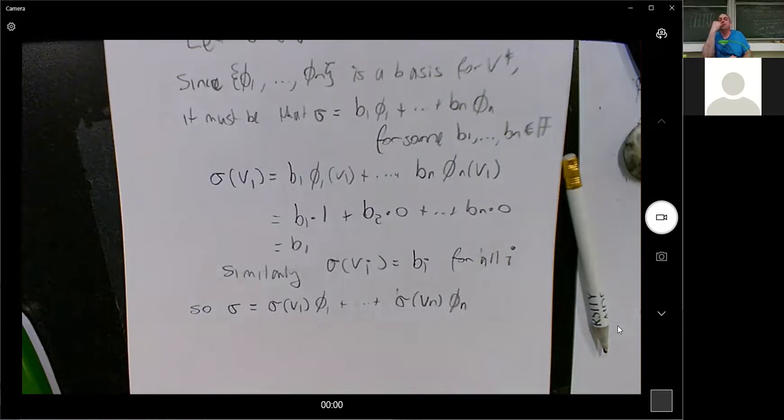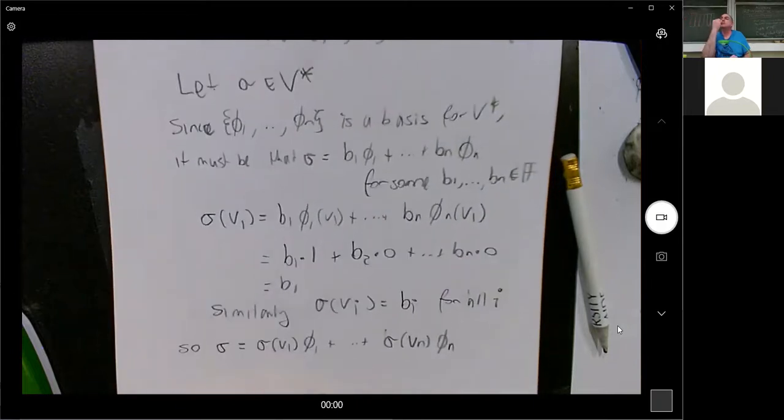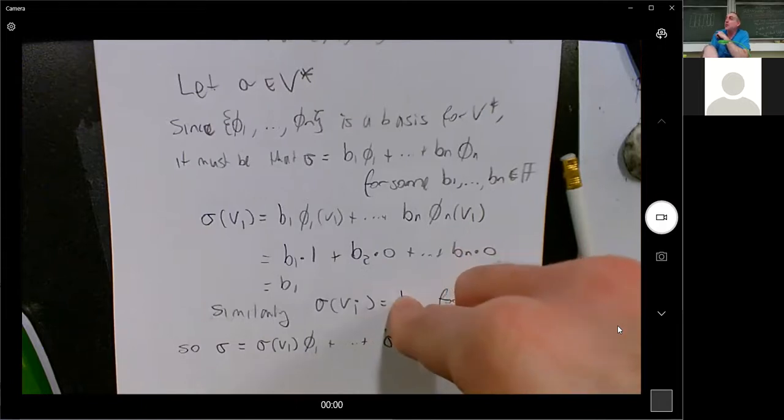Right, so in the previous theorem, we applied it to the fixed. So you, oh yeah, okay, so you did sigma of V1. Okay, so this proof is actually contained in the other proof.